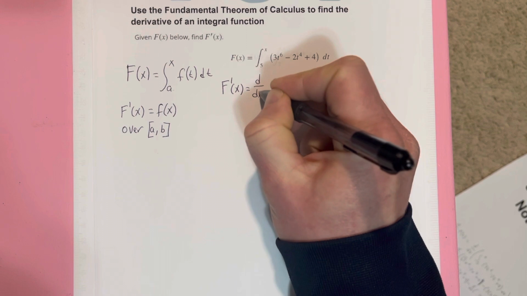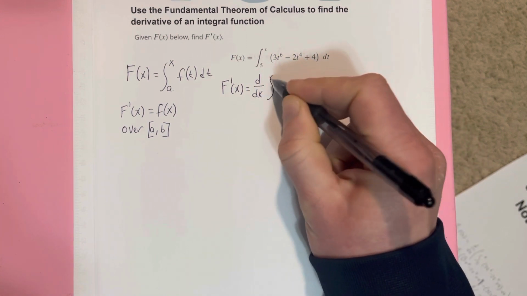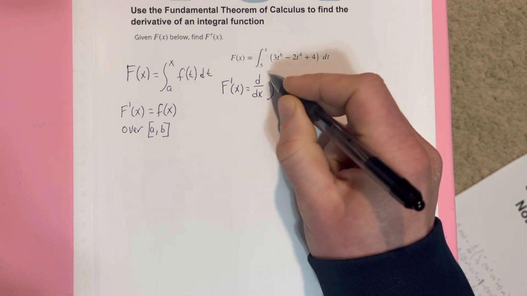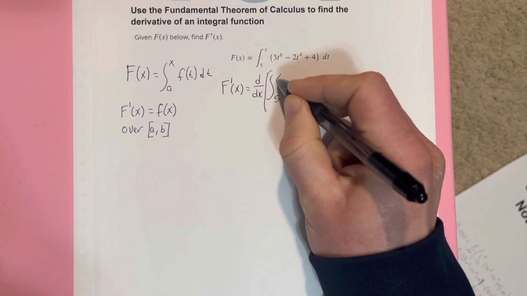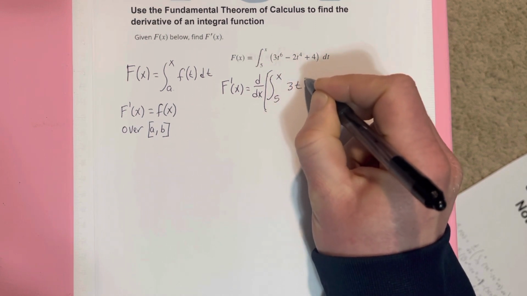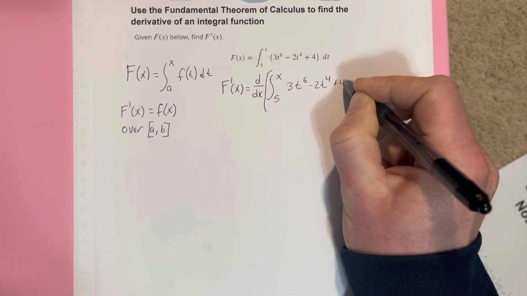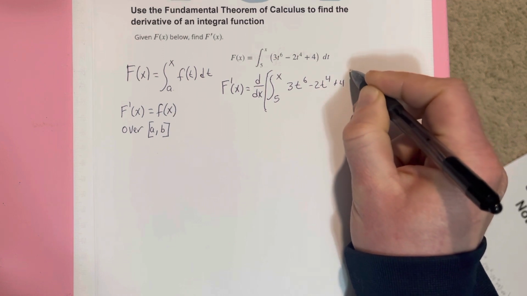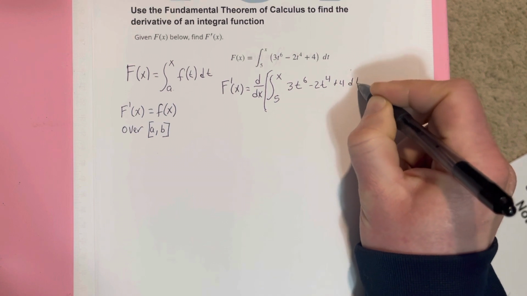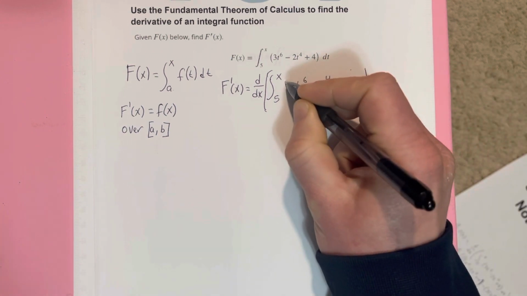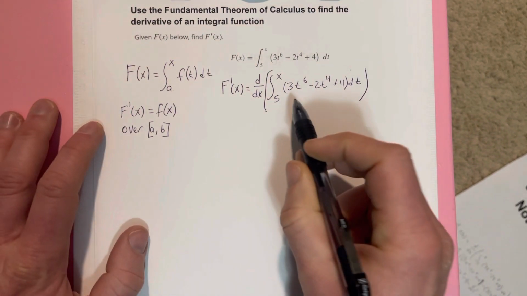So I just say d over dx of the integral, and I'll put some parentheses here, the integral from 5 to x of 3t to the 6th minus 2t to the 4th plus 4 dt. So we're going to take the integral of this right side to start.